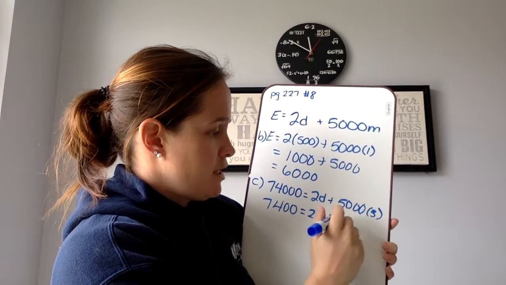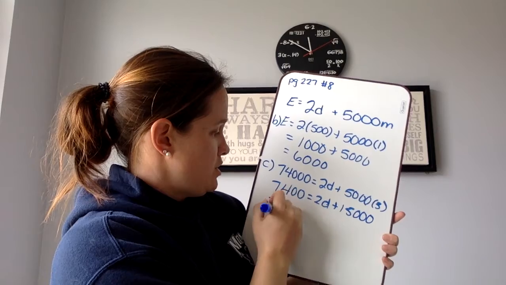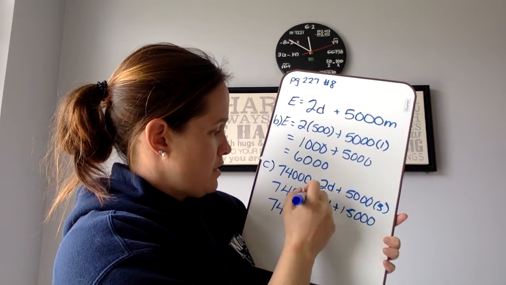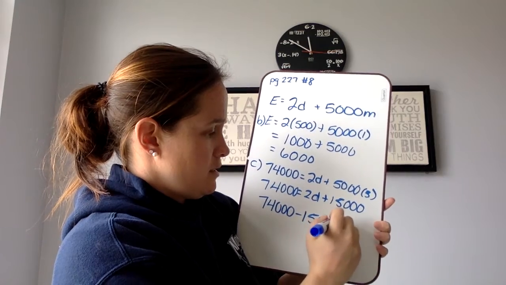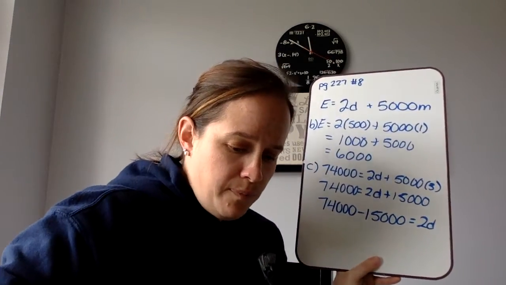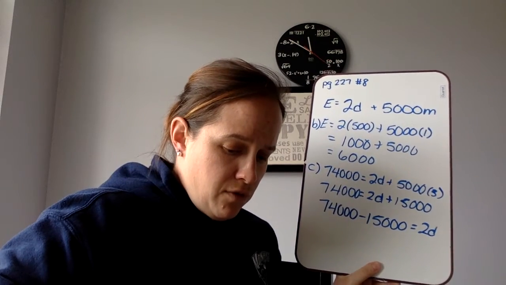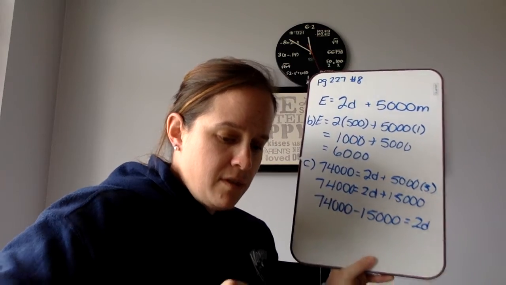So 5,000 times 3 is 15,000. Then here we're going to rearrange and send that $15,000 to the other side and subtract it. That is equal to 2D. So here you're going to take 74,000, subtract 15,000.